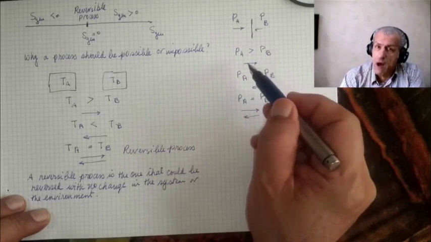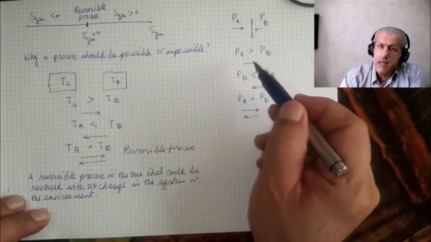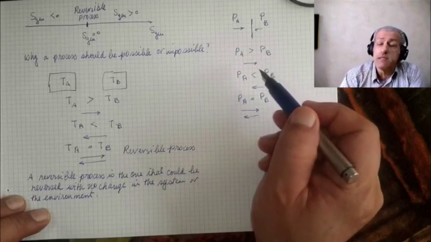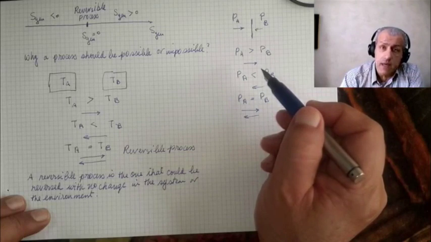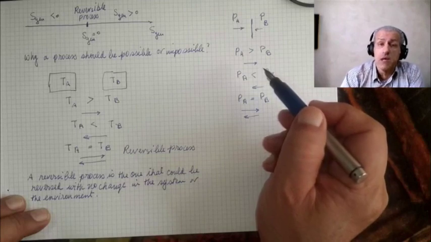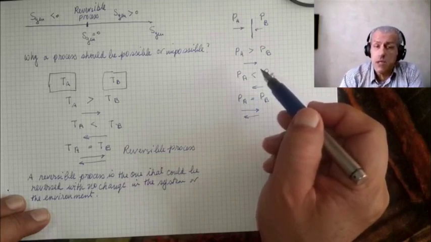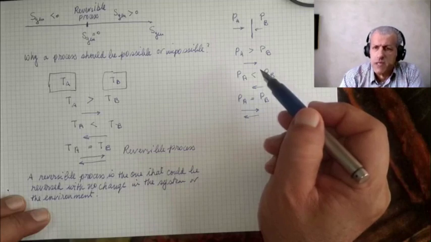But if they are equal, that is the minimum incentive for a movement of the partition. And that we call a reversible process, a process that could be reversed with no change in the system or the environment. Almost always impossible and pretty fictitious.